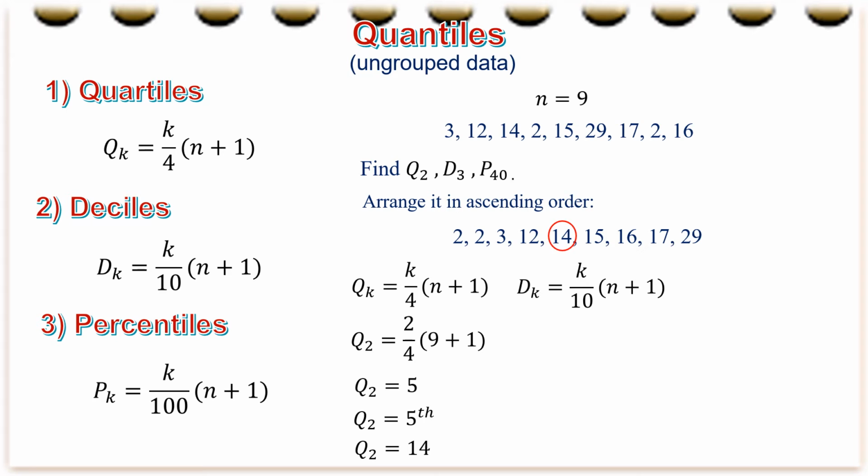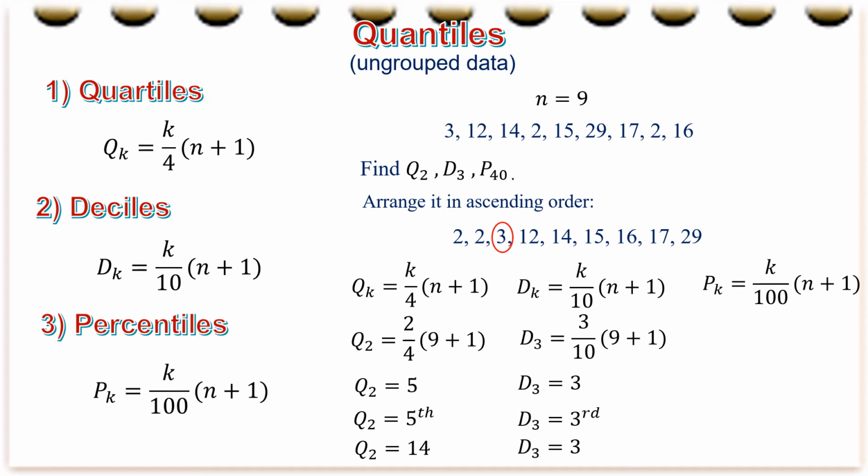Then we have the formula for deciles. We will be looking at D3, which is equal to 3 over 10 times 9 plus 1. Simplifying further, D3 is equal to 3. It means that D3 is the third number, which is equal to what? Correct, it is 3. Therefore, D3 is equal to 3.